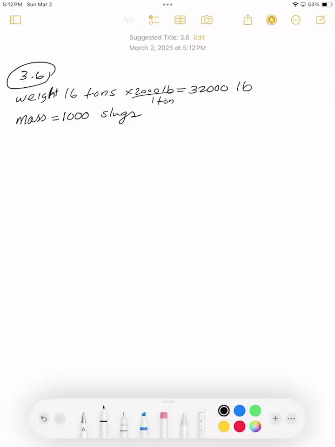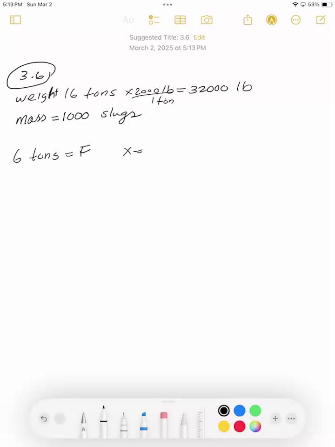It says the elastic frame of the building behaves as a spring that resists horizontal displacements of the second floor. So our K is the elastic frame of the building. And it requires a horizontal force of 6 tons. 6 tons, that is the force, to displace the second floor a distance of 2 feet.